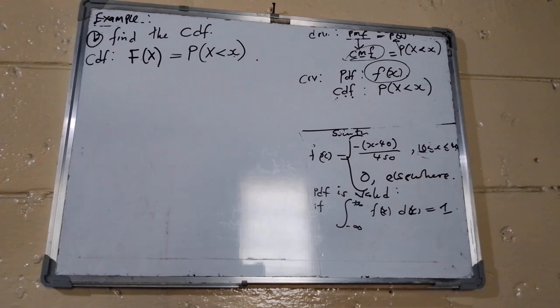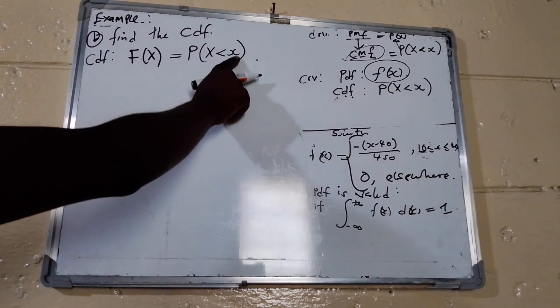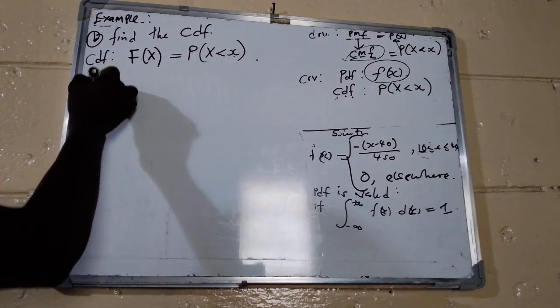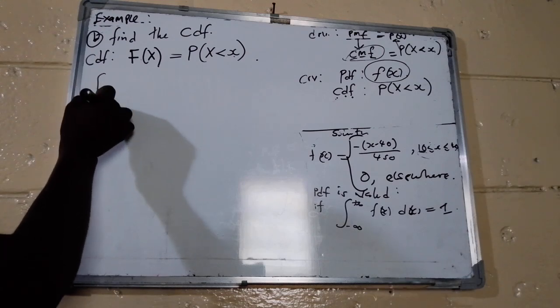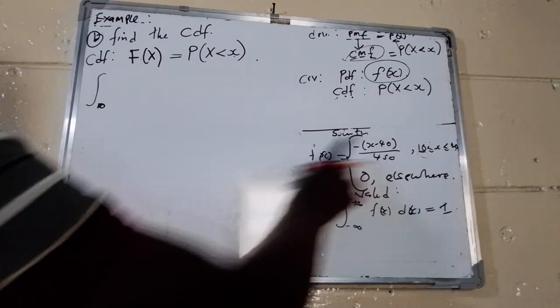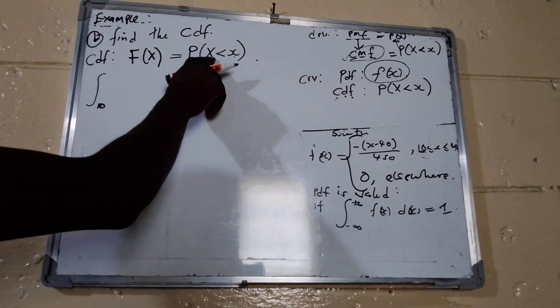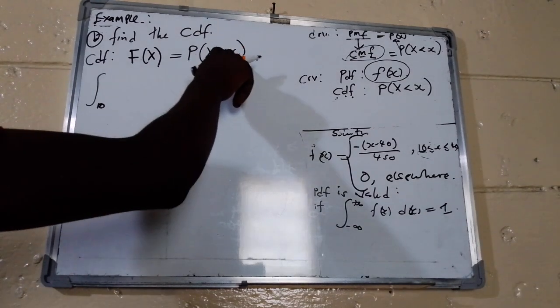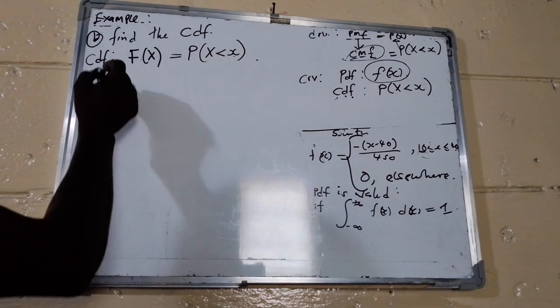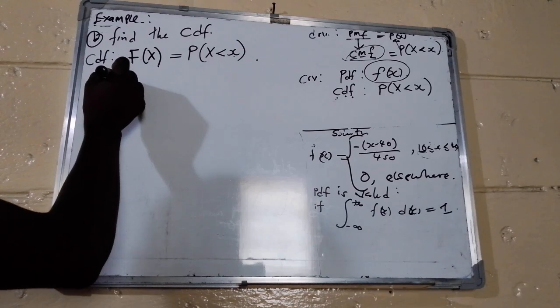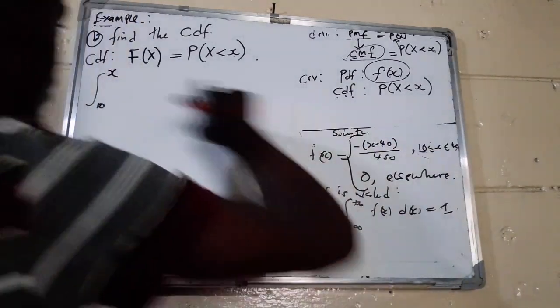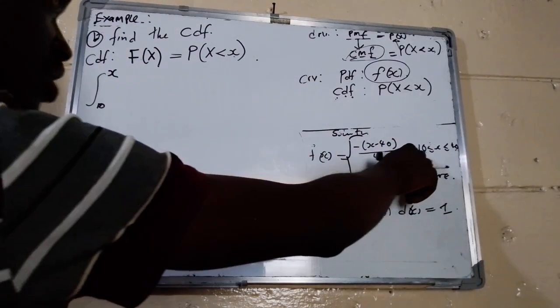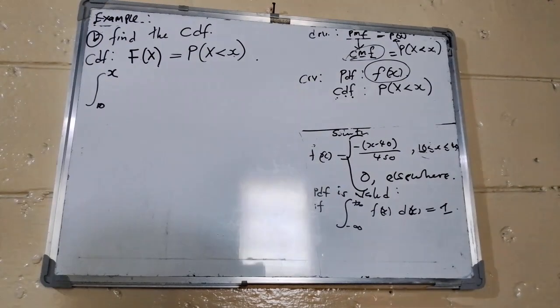So if I'm looking for the probability of X less than x, this is basically the integral from 10, the lower bound, to the higher bound. X is less than x. It is x which I'm looking for, the one on the upper bound, not the 40, but x is representing any value between 10 and 40.